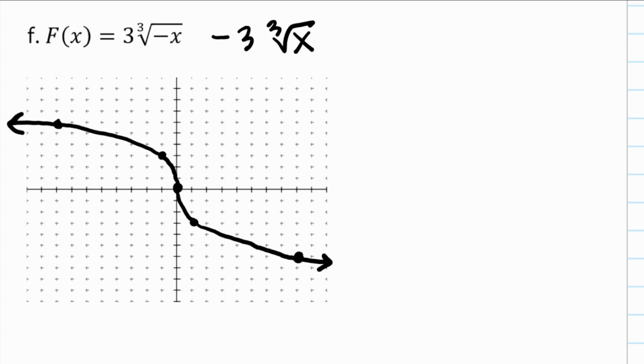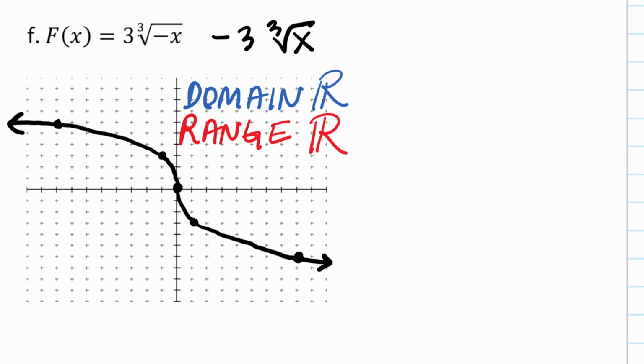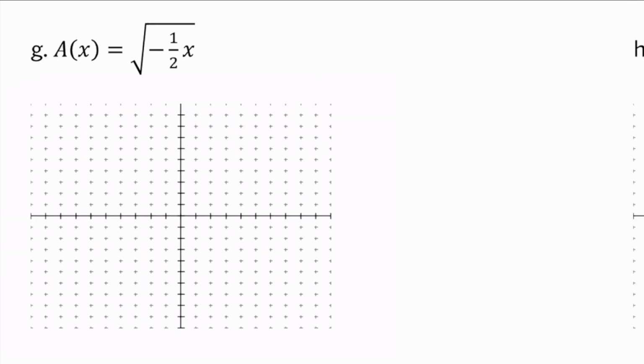Okay, that's not terrible. And then just like all the cube root ones, the domain is all real numbers, and the range is also all real numbers. All right, good. I'm glad to see that that happened.